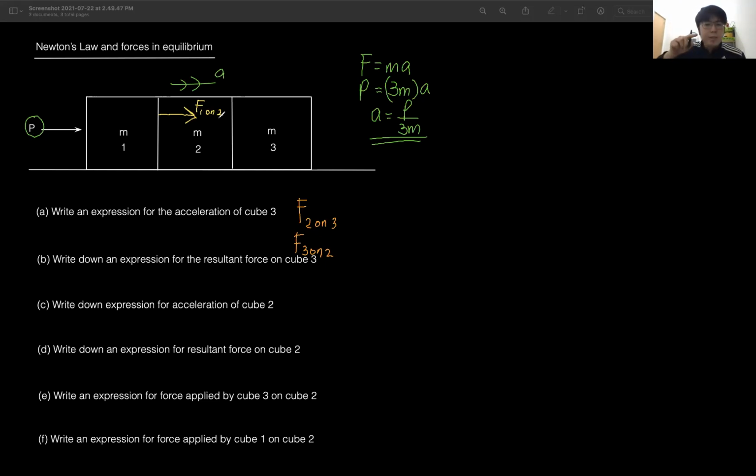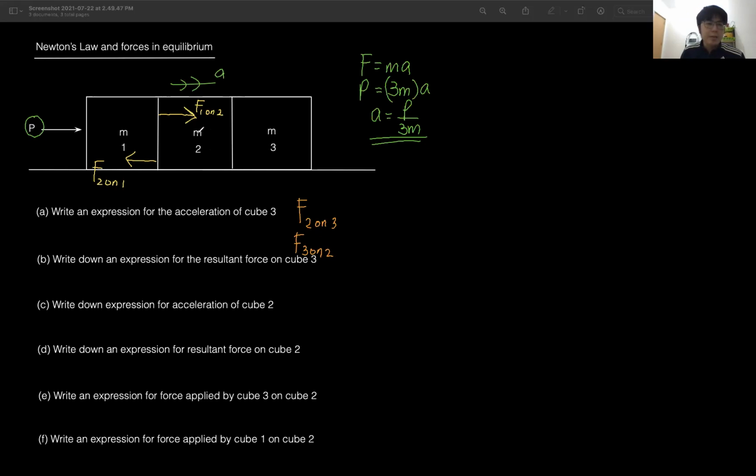Body number 1 is the one applying, and the force is acting on body 2. And because of this force, by Newton's third law, body number 2 exerts the same force back on body number 1. So we have another force here, the reaction force, F2 on 1. And we know that F1 on 2 is the same as F2 on 1.